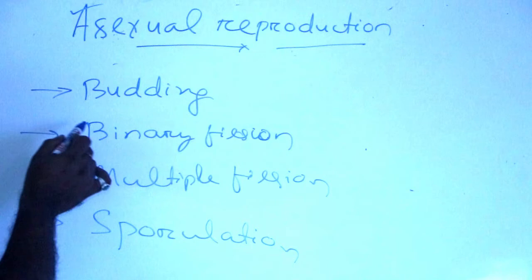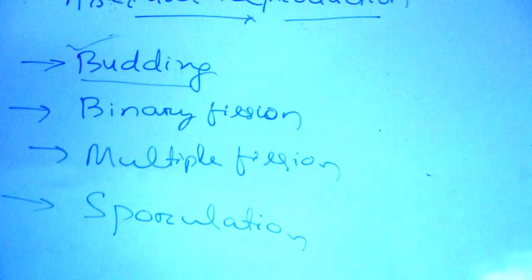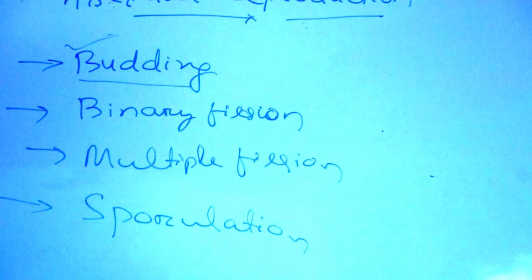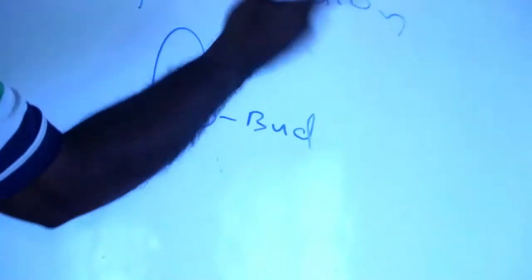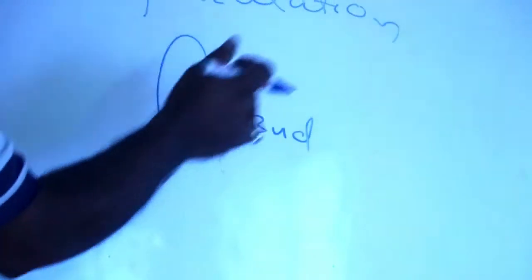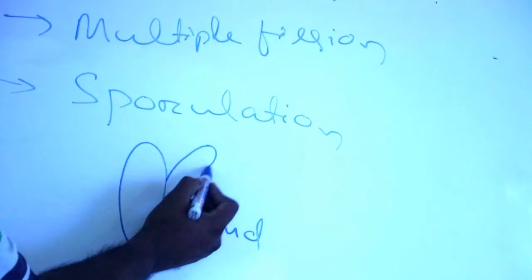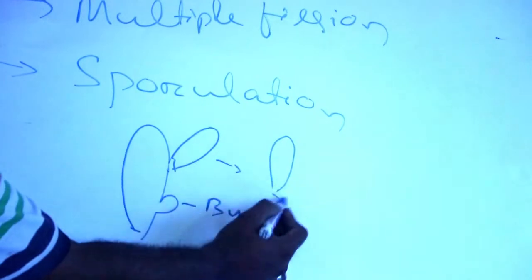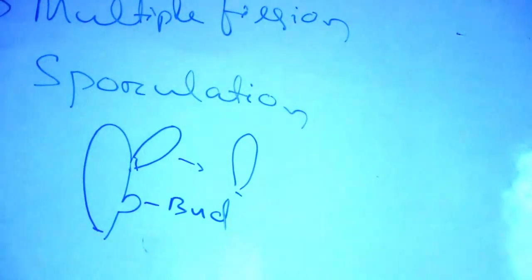Budding is a simple, common method of asexual reproduction during which the parent organism produces small outgrowths from its body. Such an outgrowth is known as a bud. Such a bud, on further development, grows into a complete organism. And later on, it detaches from the parent body and independently grows as a new individual.